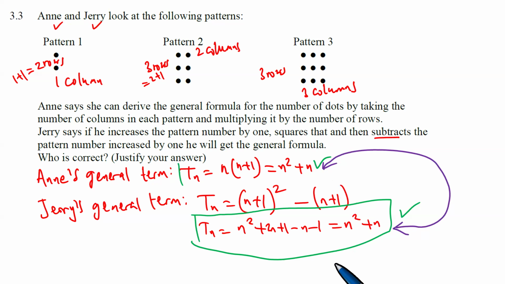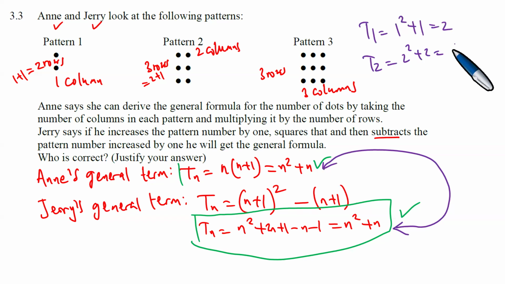So as a consequence, what we're able to see, so T1 is 1 squared plus 1 using both formulas, which is 2. T2 is 2 squared plus 2, which is 4 plus 2, which is 6.